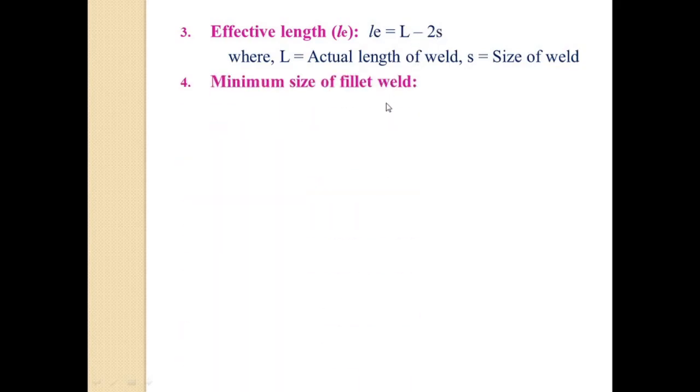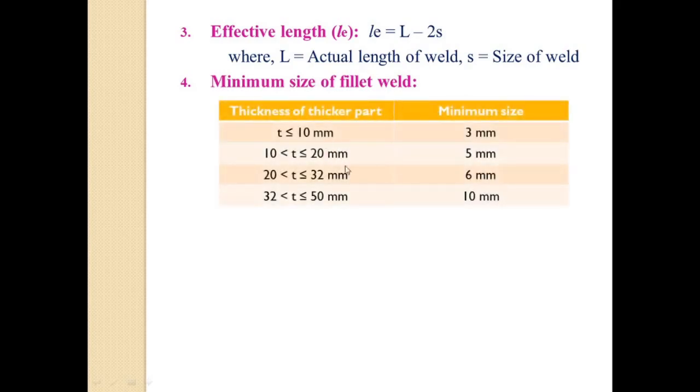Next is the minimum size of fillet weld. Here in this table we can see the minimum sizes of fillet weld for the different thickness of the thicker part. If the thickness of the thicker part is up to and including 10 mm, the minimum size of weld is 3 mm.